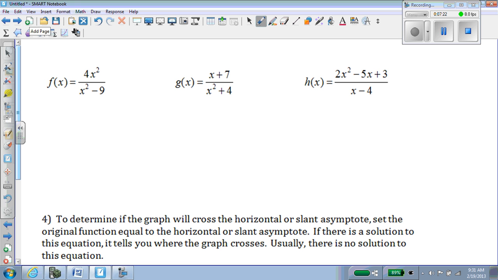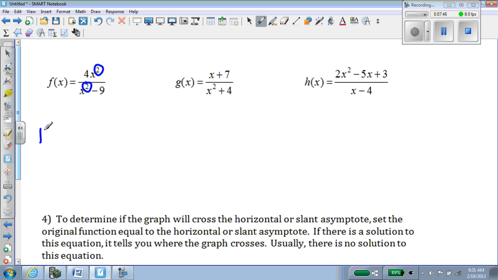We would have already done the fact that our domain restrictions, x cannot be 3 or -3. We would have seen that nothing cancels, so we have 2 vertical asymptotes. But our purpose here is to find horizontal asymptotes. And so the degree of the numerator, 2, and the degree of the denominator, 2, are the same.